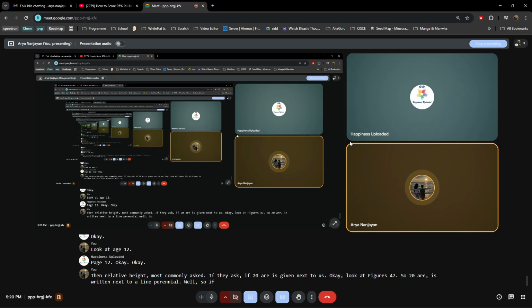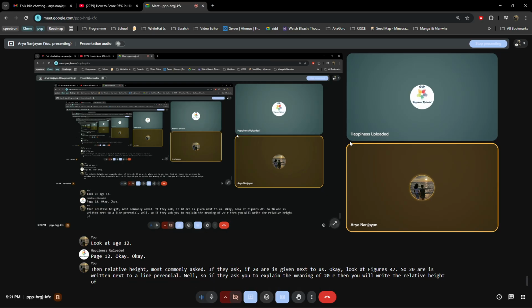If they ask you to explain the meaning of 20R, then you will write that the relative height of the lined perennial well in Ridge Square is 20 meters.